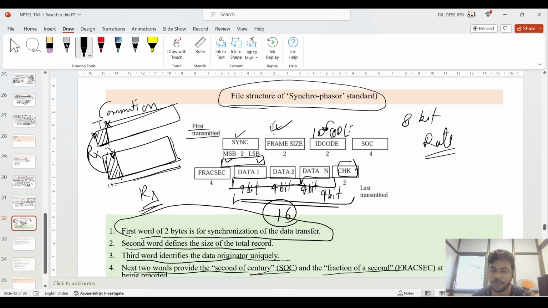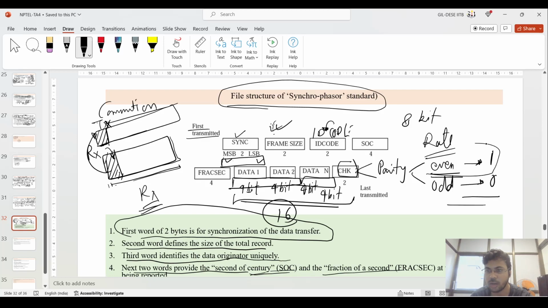Then finally the check will be there, that the data you want to transmit is correct. How can you acknowledge? Through the parity check. Parity means if you have an even number of bits, you set it to 1; if you have an odd number of bits, it is 0. So this kind of system is the parity check, to verify that you have correctly received the data.